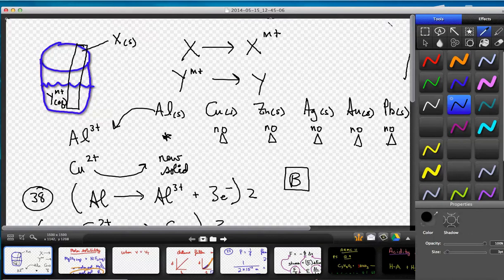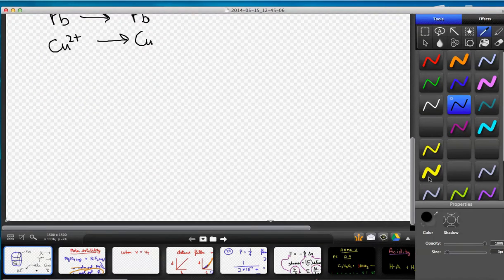So first of all, the answer is yes. That allows us to get rid of A and B. And of course, if the answer is yes, the electrical potential must be positive. The number's irrelevant, it doesn't matter.